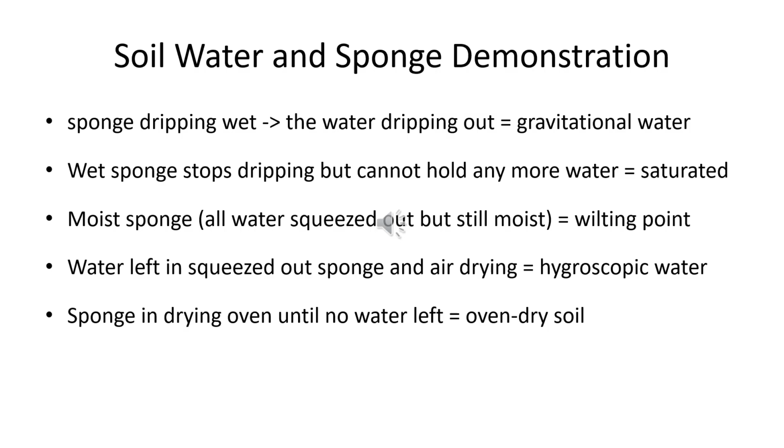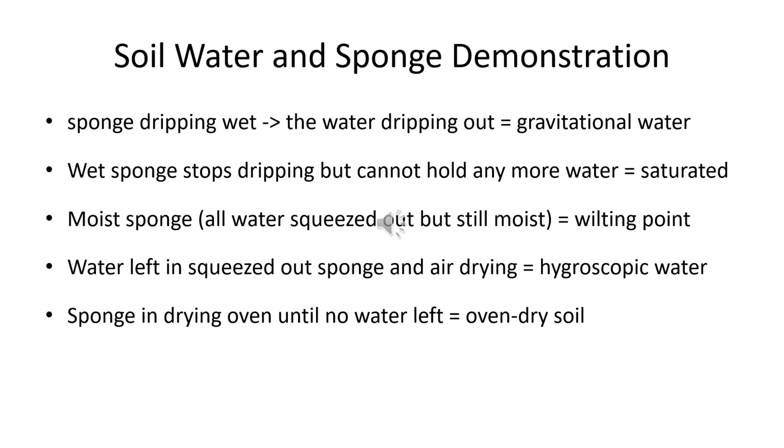Another way that I kind of envision this is taking a sponge. And this sponge represents our soil. Now you take that sponge and you put it under your sink faucet and you're running water through it, and water makes the whole thing wet and water is draining out of the sponge. That would be saturation. That sponge is saturated and you've got water falling out of the sponge due to gravity.